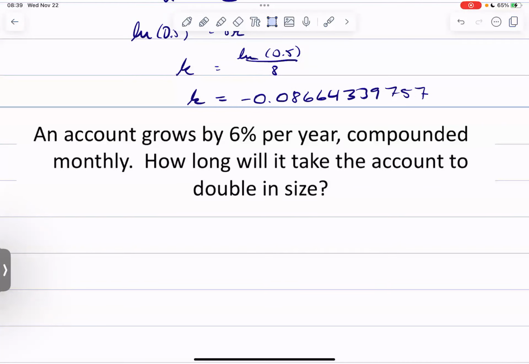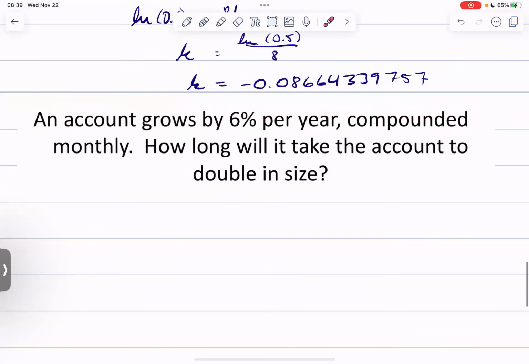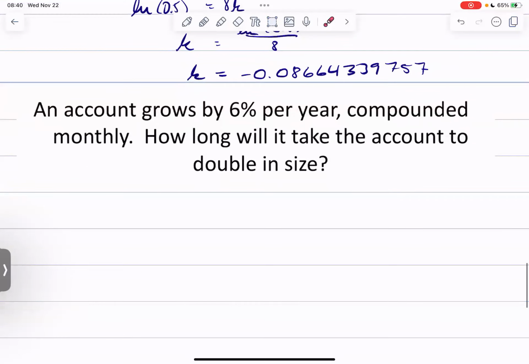How long will it take for the account to double in size? So if we're growing, then usually we're talking about doubling time, things like bacteria and populations, right? We want to figure out what the doubling time is. And so half-life, doubling time are two options.